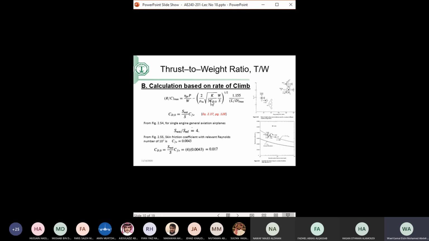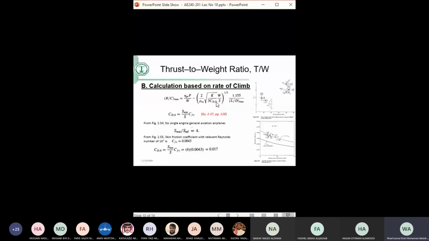We have to find K and CD naught in order to get the power here. The rate of climb itself is known. It is given in the requirement: a rate of climb of 1,000 feet per minute. So I know this left-hand side. Okay, so in order to get the P, I must estimate K and CD naught.